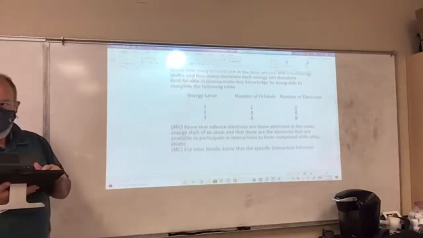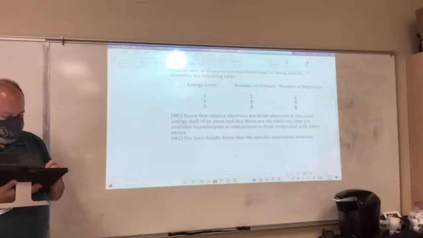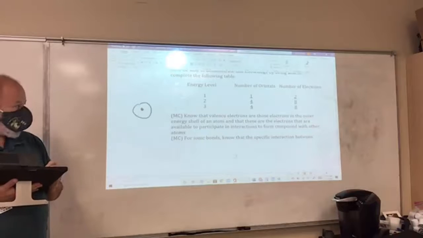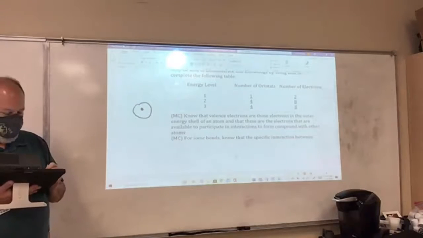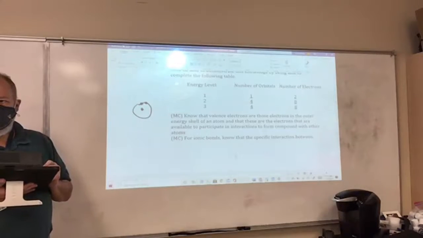Question. Yeah. The difference between an orbital and an energy level. This is an energy level. This is an orbital in that energy level. So orbitals are spaces within energy levels that hold electrons.